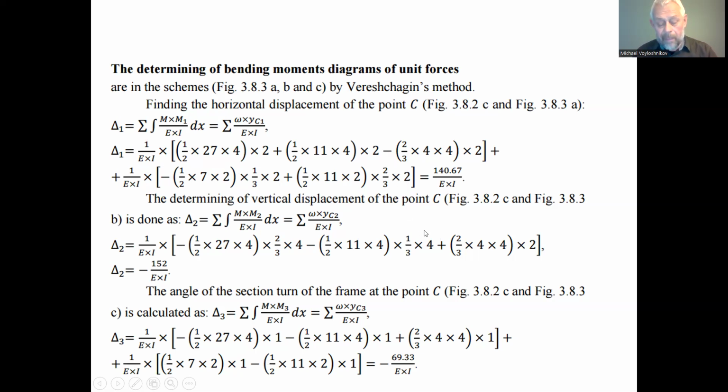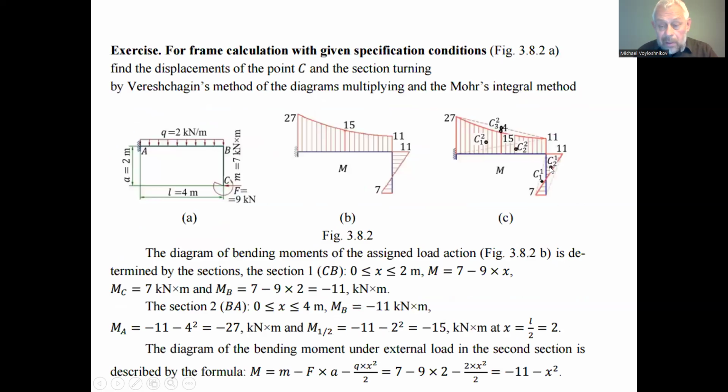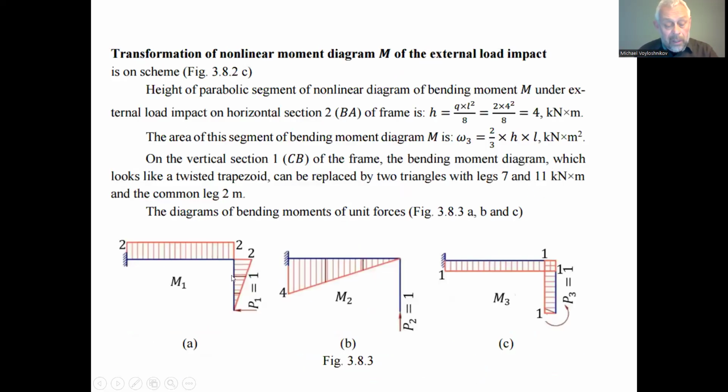So here 2 is multiplied by the location of the center C2, located 1/3 part from the point B and 2/3 part from the point C, and the total h is 2. So we can find the extent from here to the point C, and we can adopt the magnitude of this bending moment at the actual unit force.